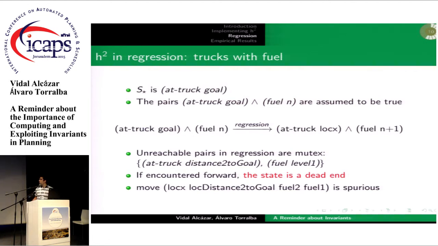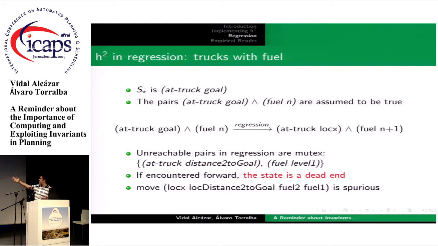Okay, so as an example, if we have a task with some trucks that spend fuel when they move, and our goal is to have the truck at some goal location, in the goal state we don't know how much fuel we are going to have. So we need to assume that in the goal we are going to have any amount of fuel. So all the pairs, the truck is at the goal and we have n fuel, are assumed to be true. But when you apply the regression operator, you know that applying this action, you have wasted some fuel.